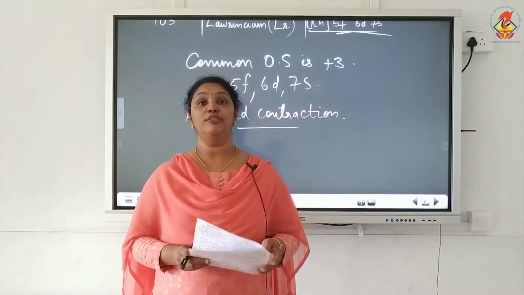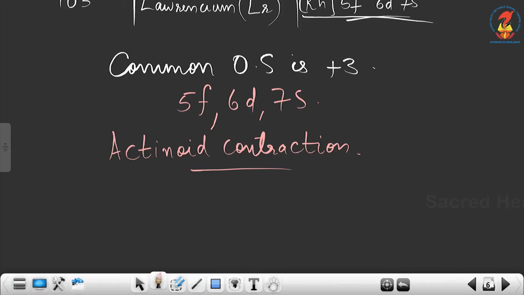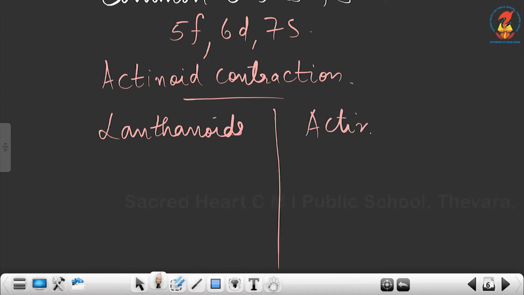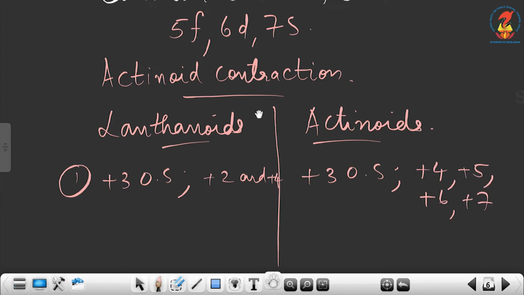Next, let us see the differences between lanthanoids and actinoids. This is a board question: differentiate between lanthanoids and actinoids. The first difference: lanthanoids, besides the +3 oxidation state, can show +2 and +4, whereas actinoids, besides +3, can show +4, +5, +6 and +7 oxidation states also.